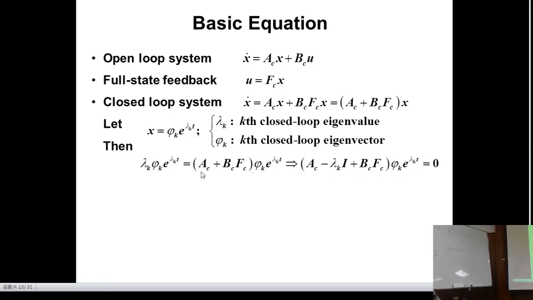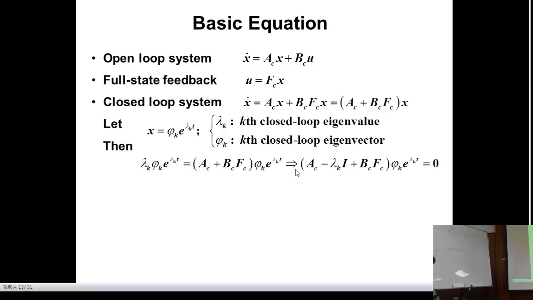Any question about this step to that step? You can follow me, right? We just move this to the right-hand side, equal to 0. So this becomes minus lambda k I, and I have psi k e^(lambda k t).